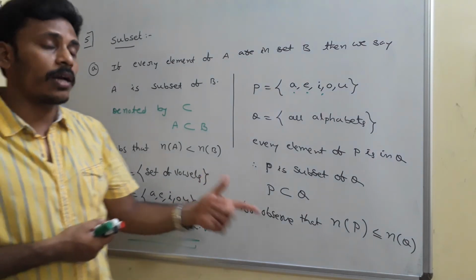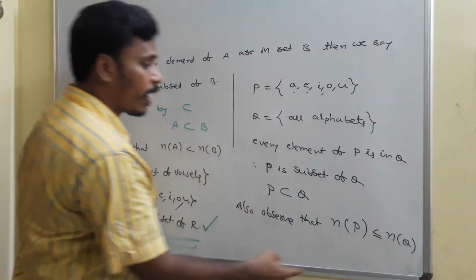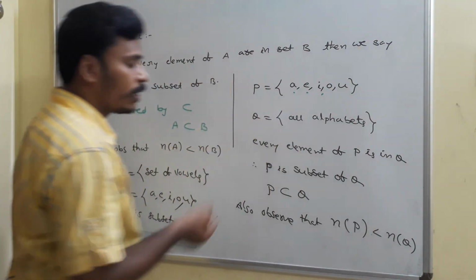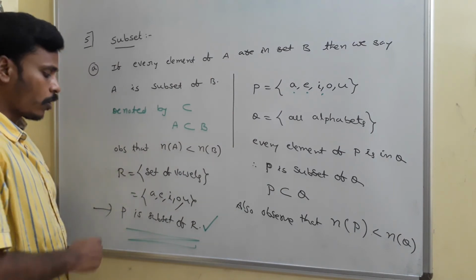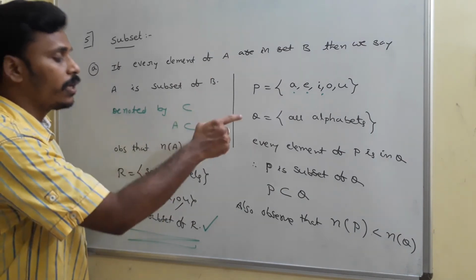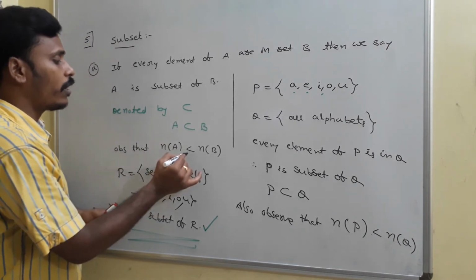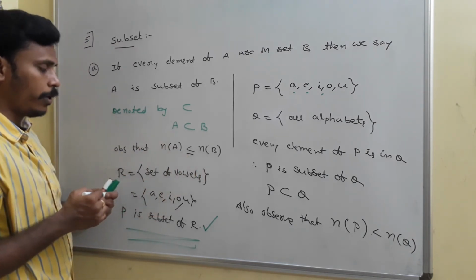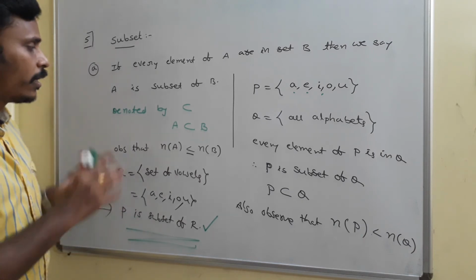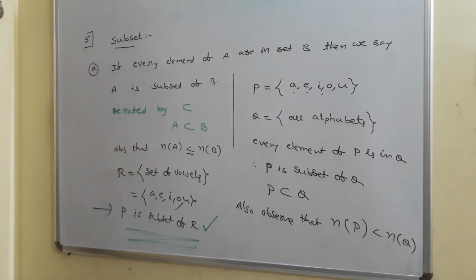In this context, the number of elements in P is less than the number of elements in Q, but here the number of elements in P is equal to the number of elements in R. So if we generalize, n(A) is less than or equal to n(B). Is it clear? This is something about subsets. The next point I am going to deal with is all subsets of a given set.